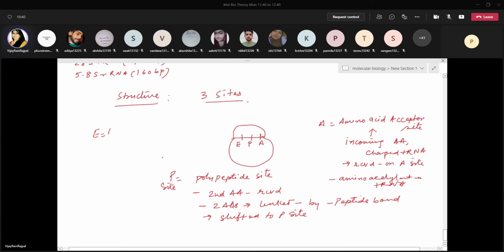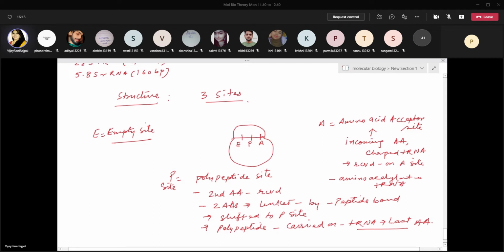Now what is the E site? The E site is the empty site. I'll show you all these things; we'll do the mechanism in detail. The polypeptide is always carried on a tRNA, a tRNA which is specific to the last amino acid, or the first amino acid towards the base of the ribosome, whatever you say.